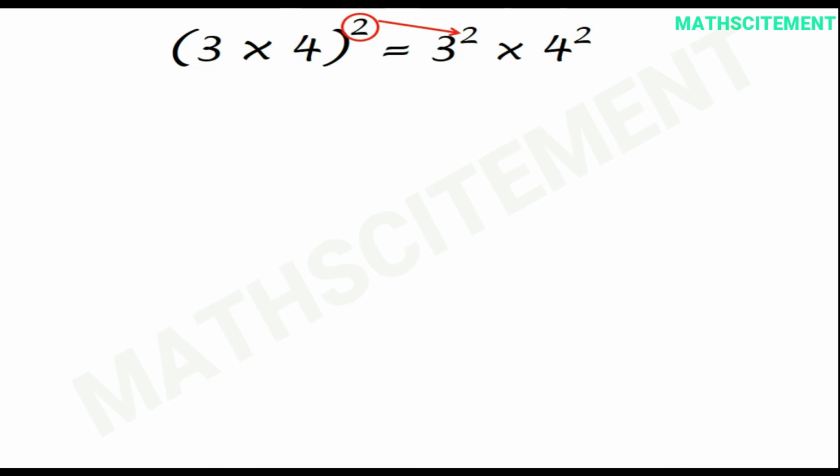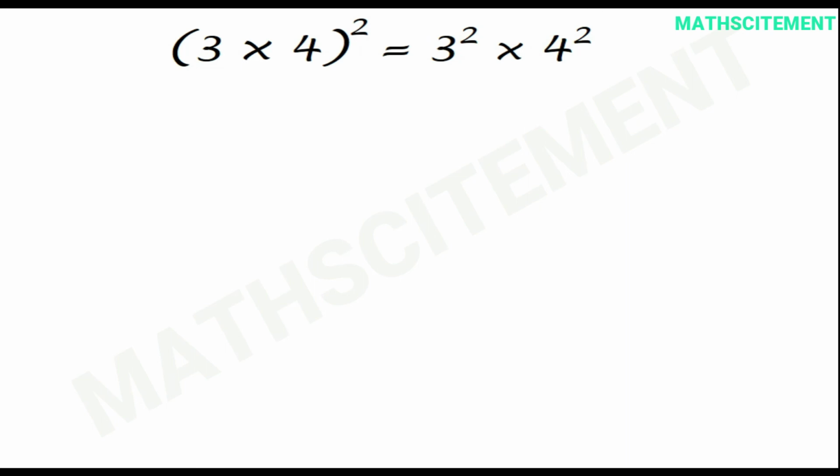We have been working with like base numbers. Let's now look at a law where we have different or unlike base numbers. When we multiply two different base numbers within a bracket raised to a certain power, the exponent can be shared among the base numbers separately. Let's solve both the sides.